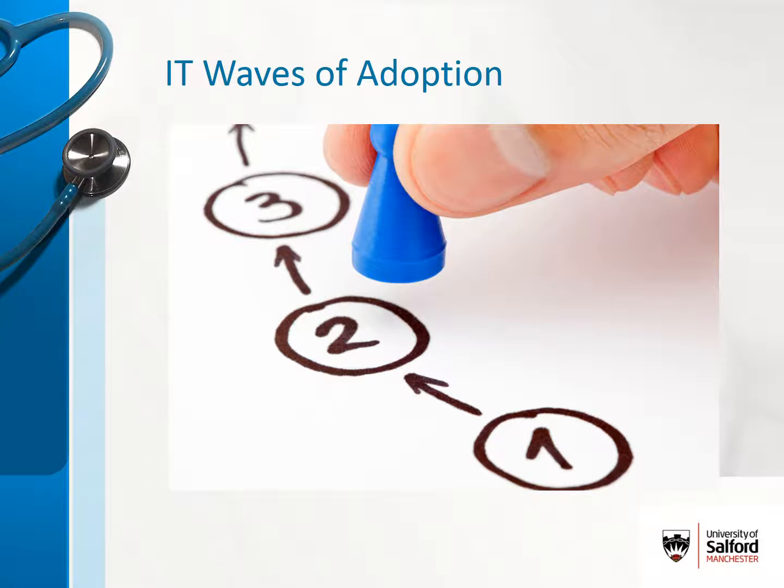Now, in terms of IT, information technology, we've gone through 3 waves of adoption: the first wave, second wave, and third wave. The second wave was the wave in which data was collected throughout any means possible, any application, any device.